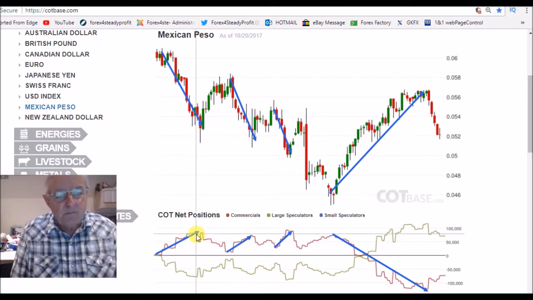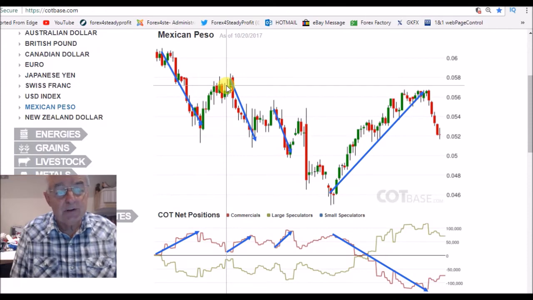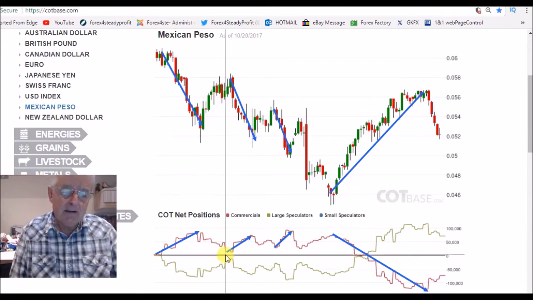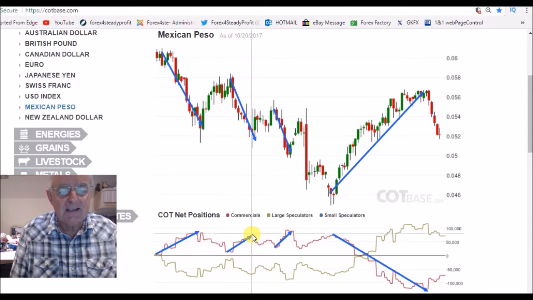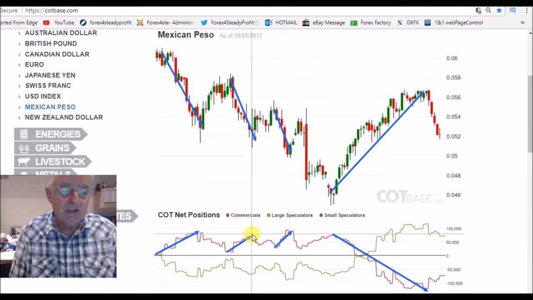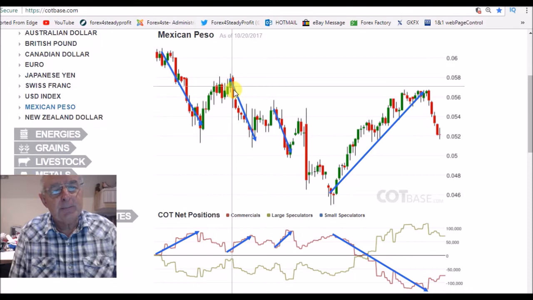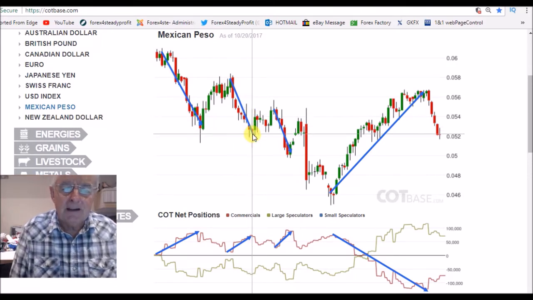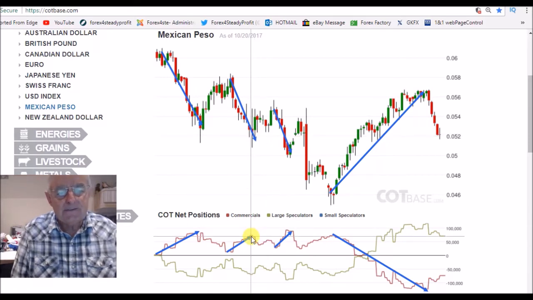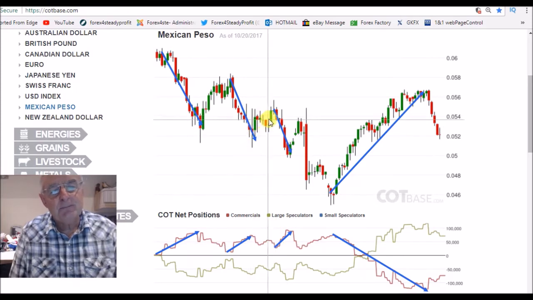We then fall down to this position, and actually the candles don't rise that much. Same again from this bearish position here. We get strength and the commercials become more bullish, and basically the price of the peso falls.